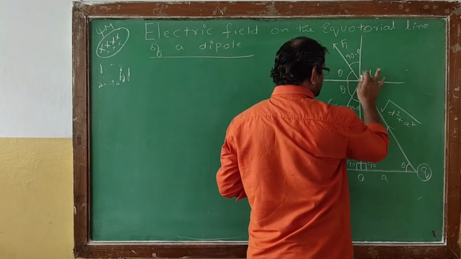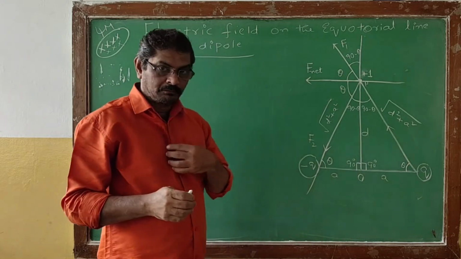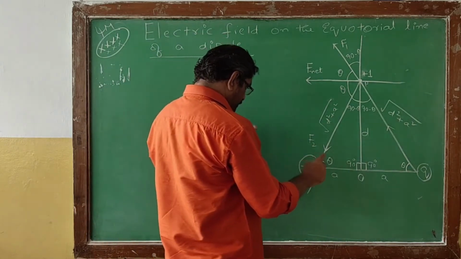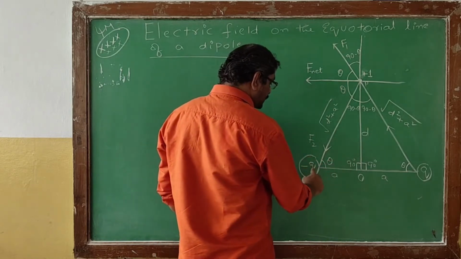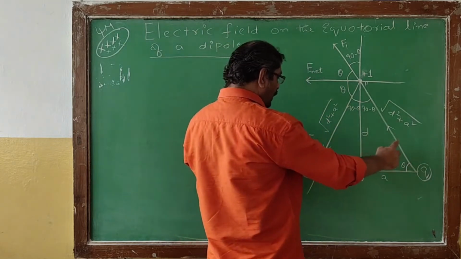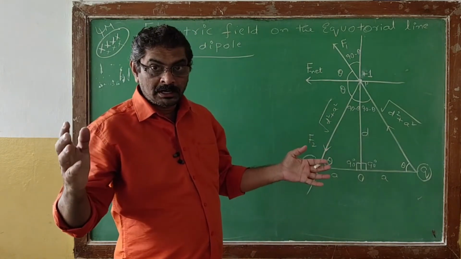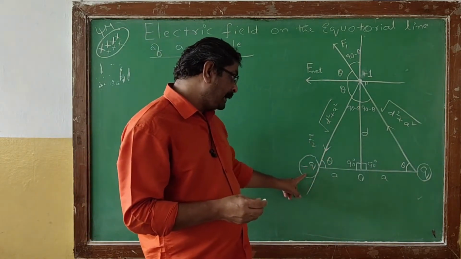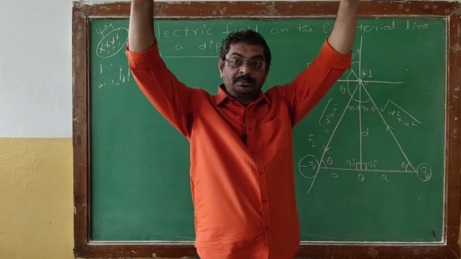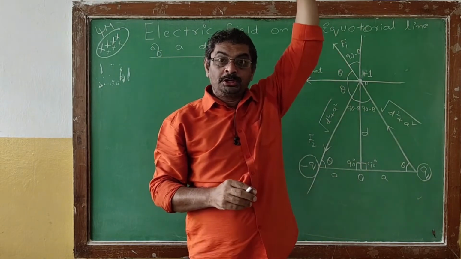Let us try to understand what that means. Consider the electric dipole. You already know the electric dipole consists of a negative charge and a positive charge, and the separation between them is 2a.